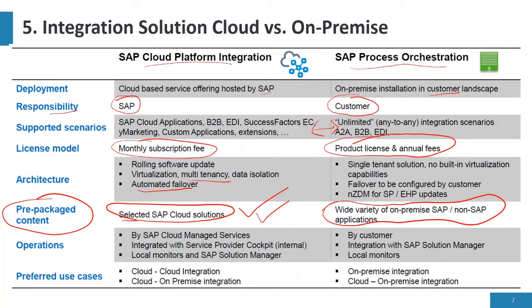Again, in operations, you know it would be handled by SAP itself, but on-premise it would be by the customer. And if you want to handle it, you have the cockpit. Now it is called SAP BTP, Business Technology Platform. When you talk about process orchestration, you will be using solution manager, sorry, and for local monitoring we can use SAP Solution Manager.